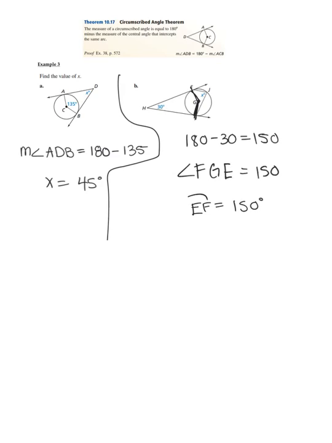So then all you would do next is just do what you already know about inscribed angles, right? The measure of angle X is going to be just 1/2 of your arc, right? So the arc here is EF. We know that the arc measure is 150, so you're just going to do 1/2 times 150 degrees, and then you would get that angle X would be 75 degrees.